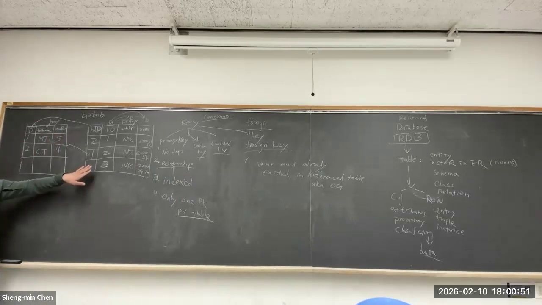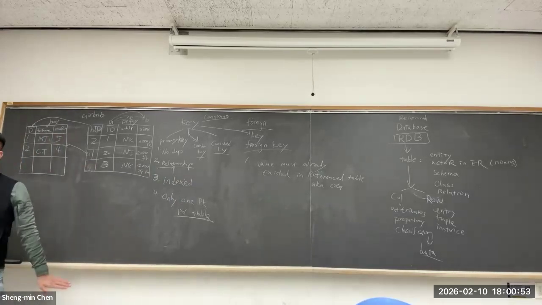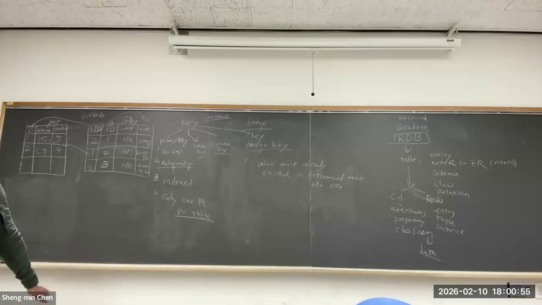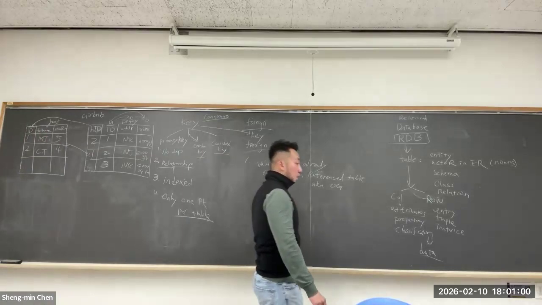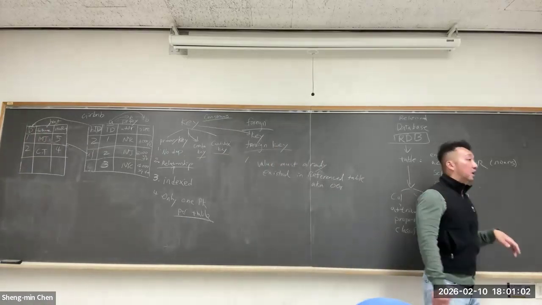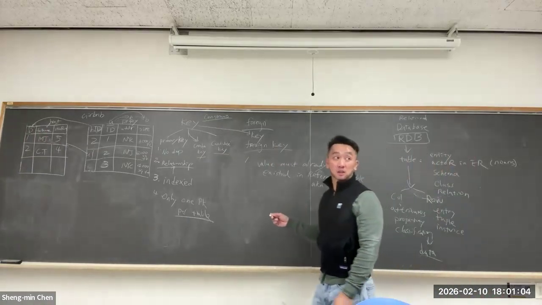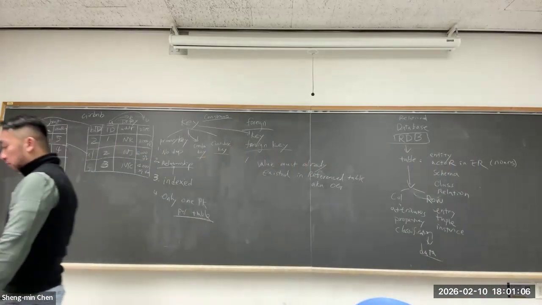This would automatically get errored out. It will not work. It's not going to be saved in the record. So that's the first thing. If you have a foreign key, the value must already exist in the primary table.